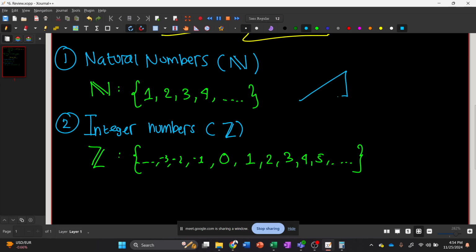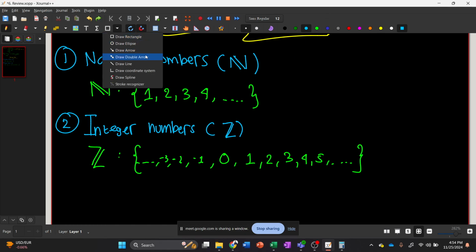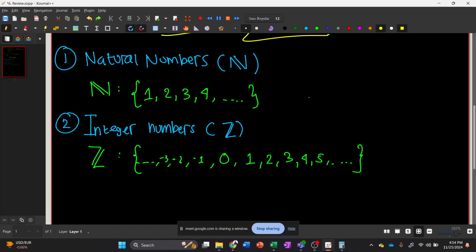So that's what we call the Pythagorean theorem. If I had a triangle, let me draw a triangle. So if I have a triangle like this, and this corner is 90 degrees.